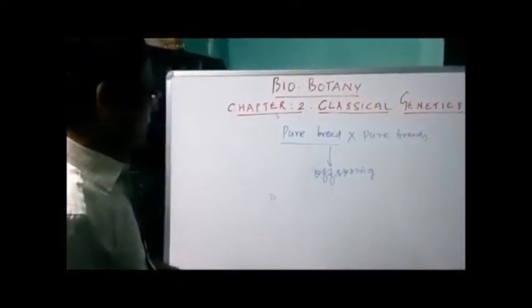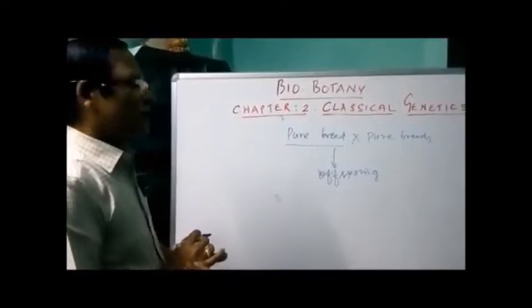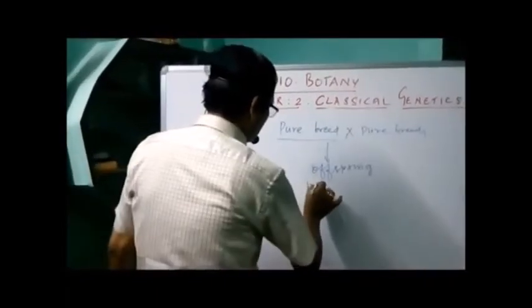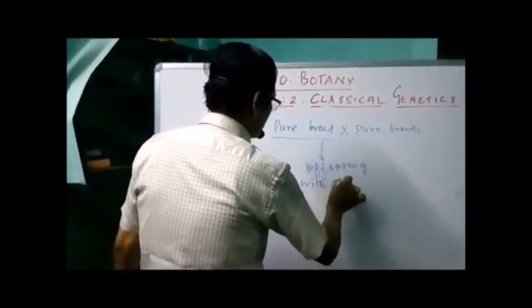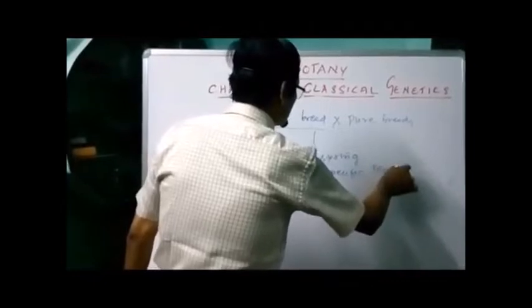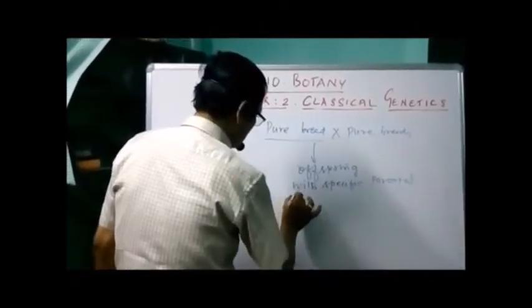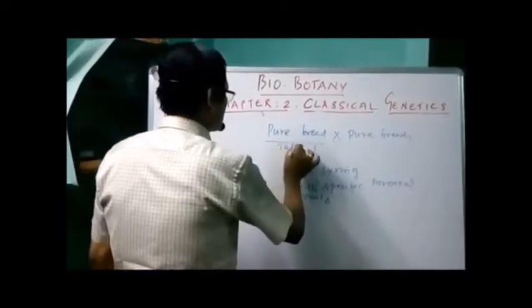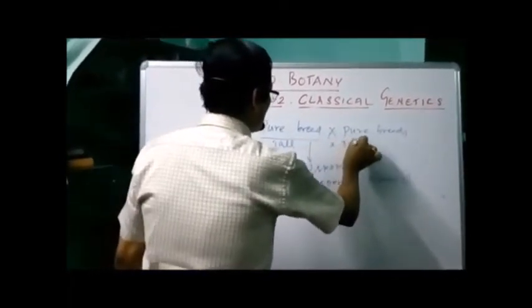The offspring have the same specific parental traits. For example, we are talking about tall versus tall.